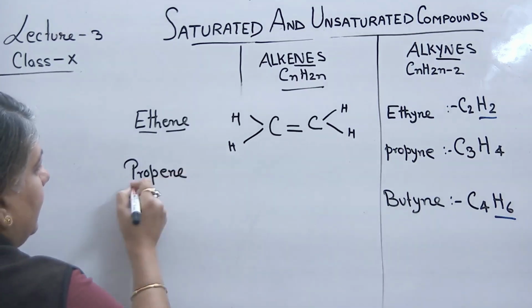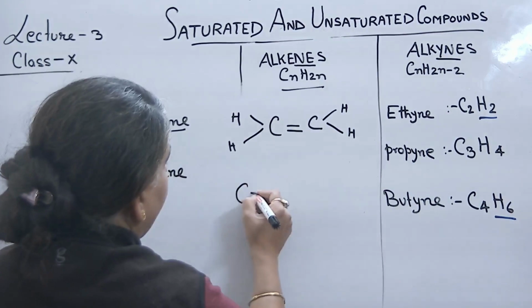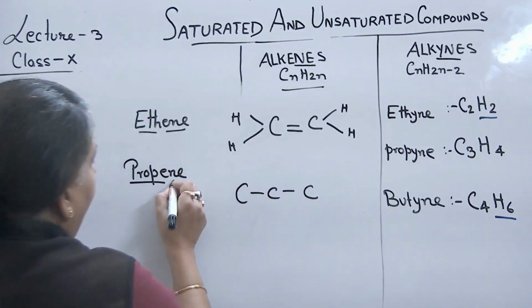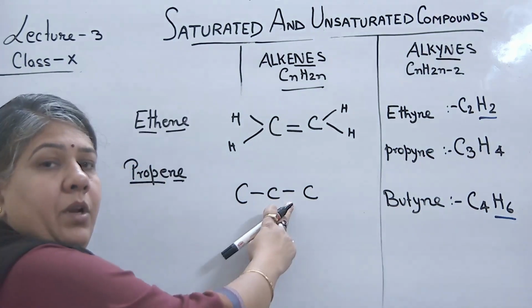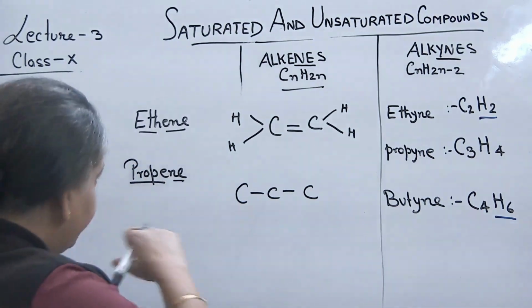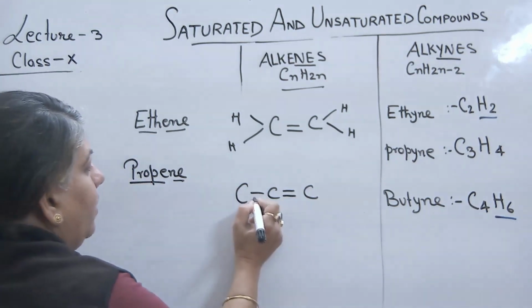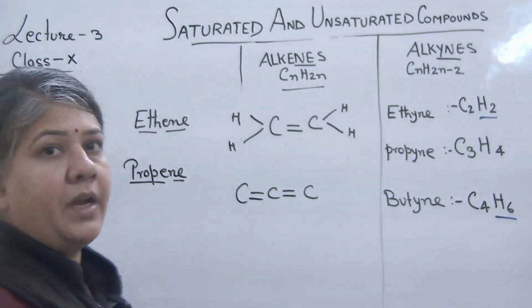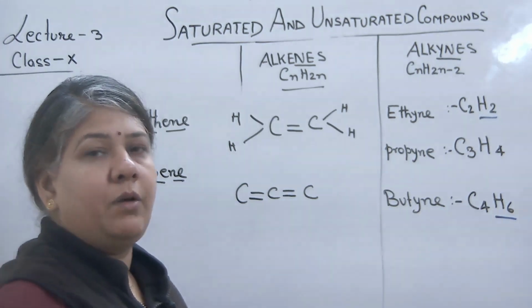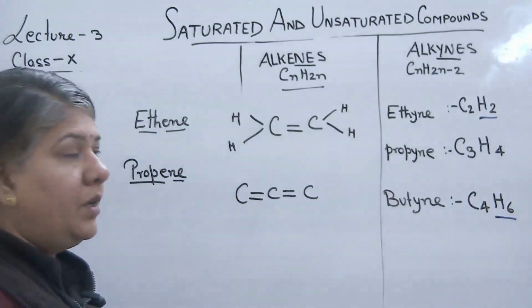propene. Prop means 3 carbon, again make 3 carbons. Then ene, you can put double bond here, also you can put it here, wherever you want. You can also make a double bond here. So it's an alkene, that is having carbon-carbon double bond. So accordingly you will place the hydrogen.